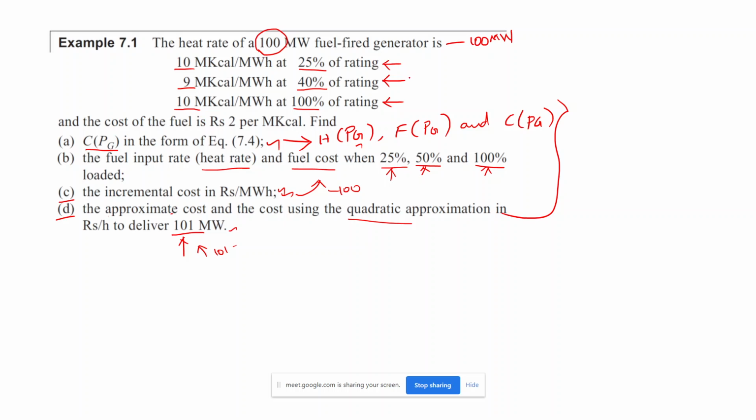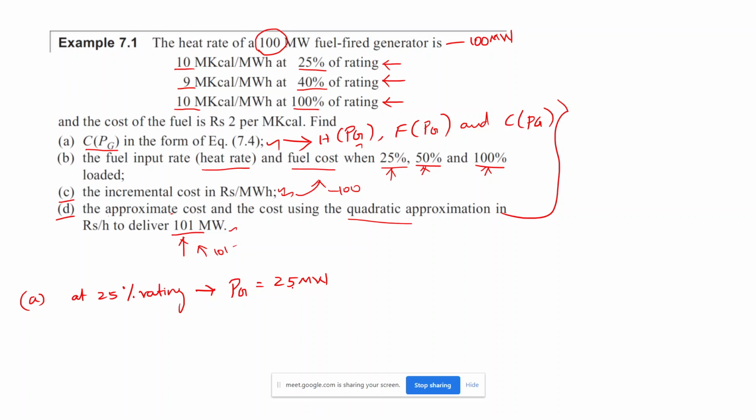From this, what inputs are we taking? Say for example, if you are solving A, from the question they have given at 25% rating, the generator is 25 megawatt.